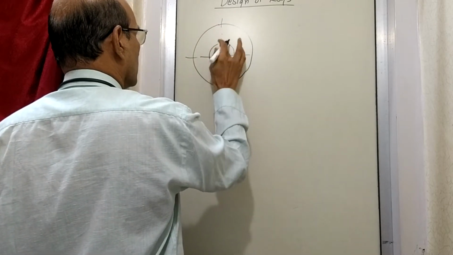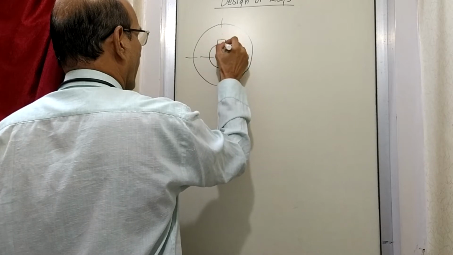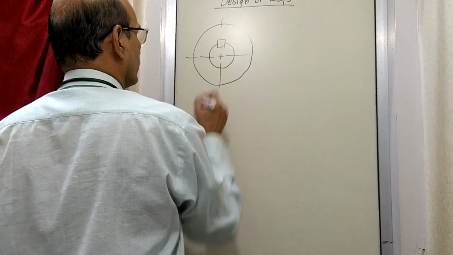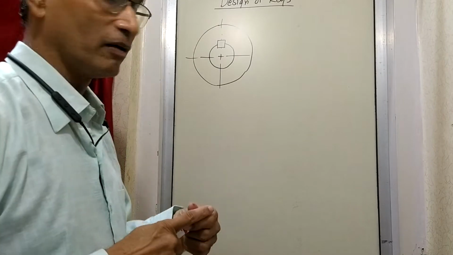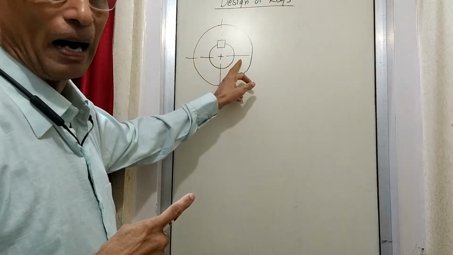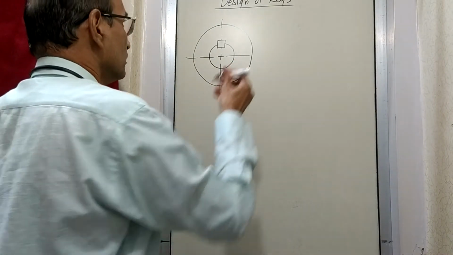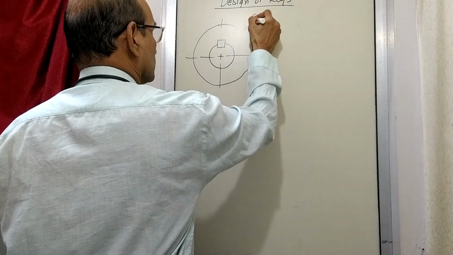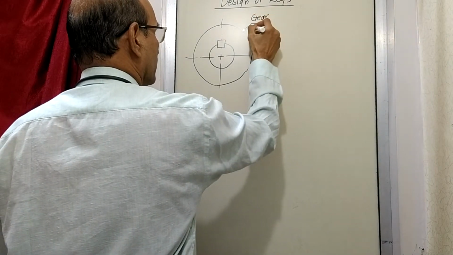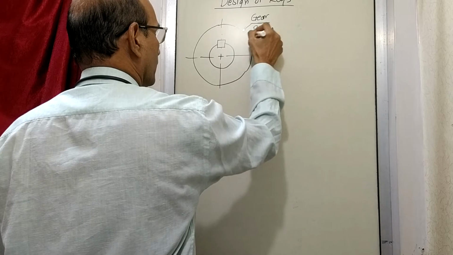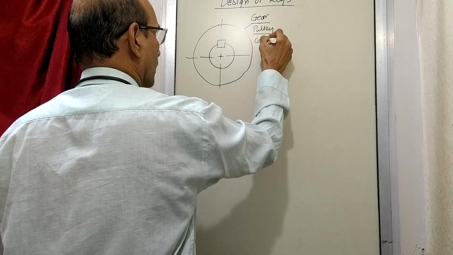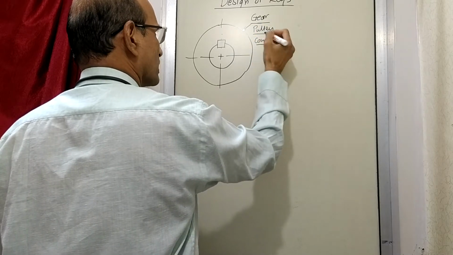So this is a shaft. This outside part is a disc. It can be anything, a gear or a pulley or a coupling or any such thing.